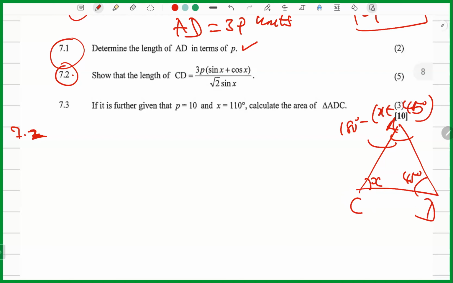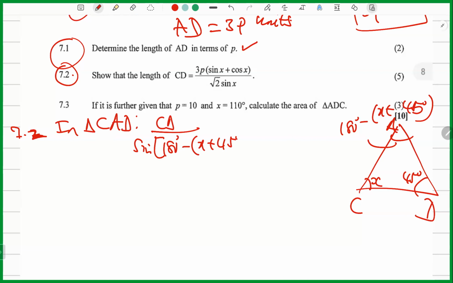So what do we get at the end of this? We can use the sine rule and say, in triangle CAD, we have CD over the sine of 180 degrees minus X plus 45 degrees.